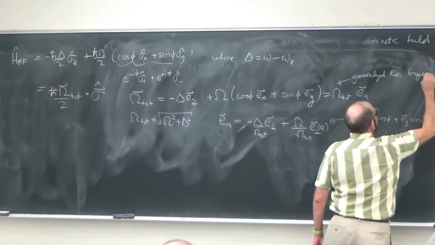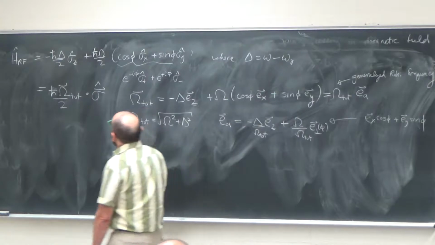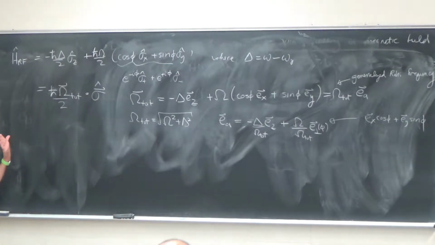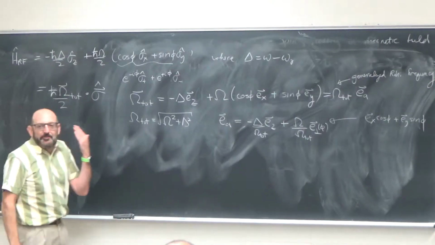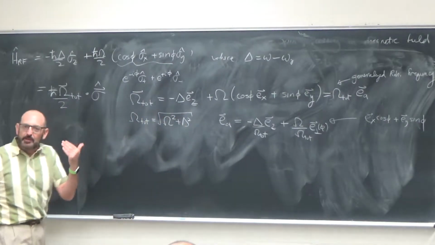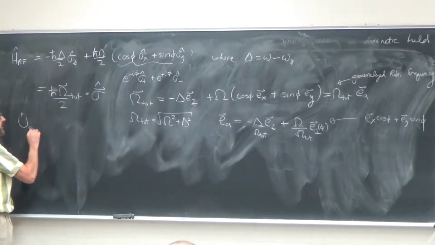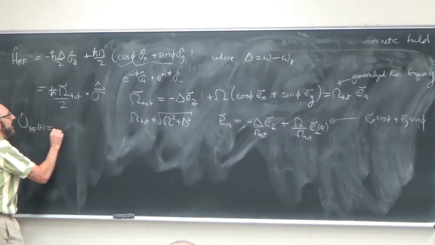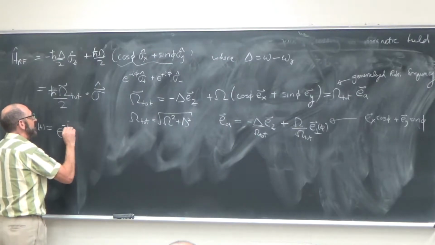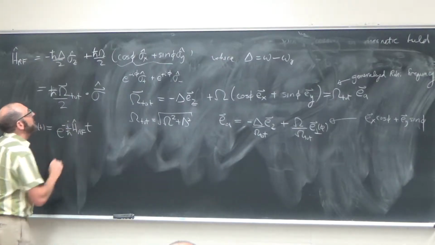All right, so with that said, we can solve the dynamics many different ways, given a Hamiltonian. The simplest thing to do is just to find the time evolution operator here in the rotating frame, as we did at the end of lecture last time. So I just exponentiate the Hamiltonian, and I'm allowed to do that now because this is time independent.